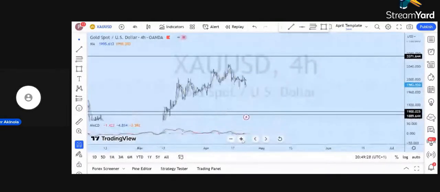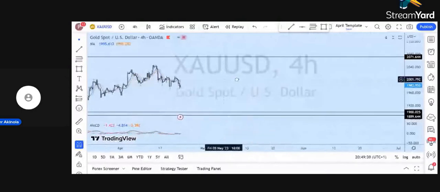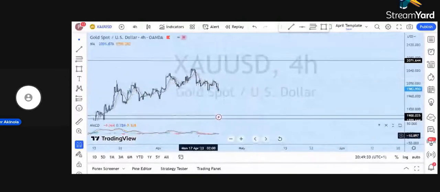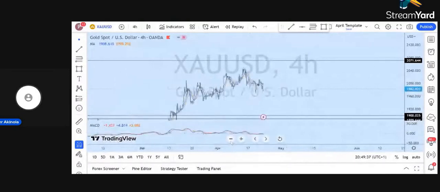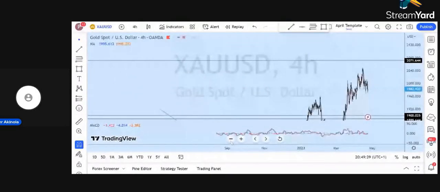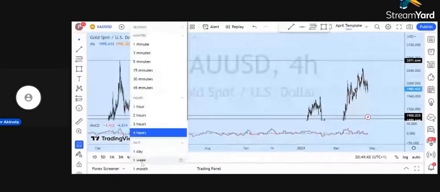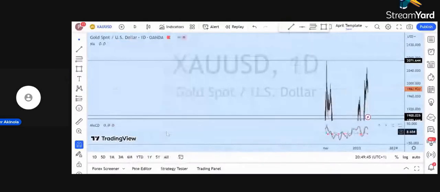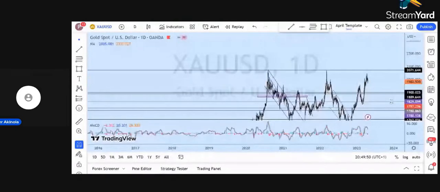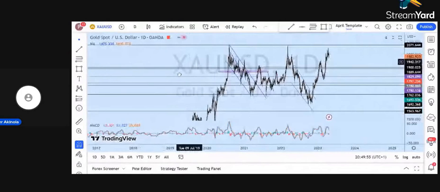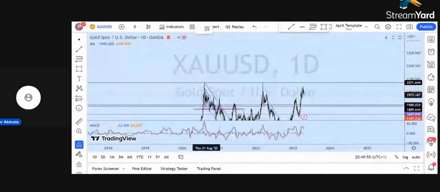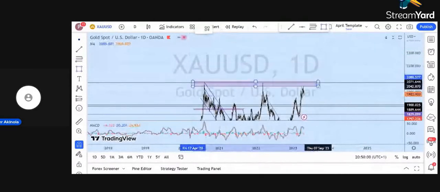But the question is, could we break this 2071? I don't think in this recent history that is captured on this chart, gold has never broken that price. And now we are there again. We are there at that price again. Will we break this price?